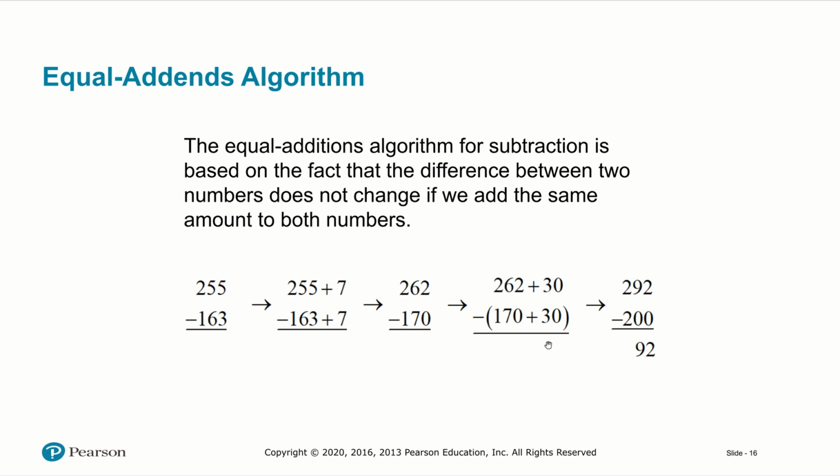Now, in this figure, this would have been a little bit better if they had put the parentheses that you see here in this step as well, just to be really consistent. All right, so here we end up with 200 for the 170 plus 30, and that becomes 292, which we can quickly subtract and get 92.